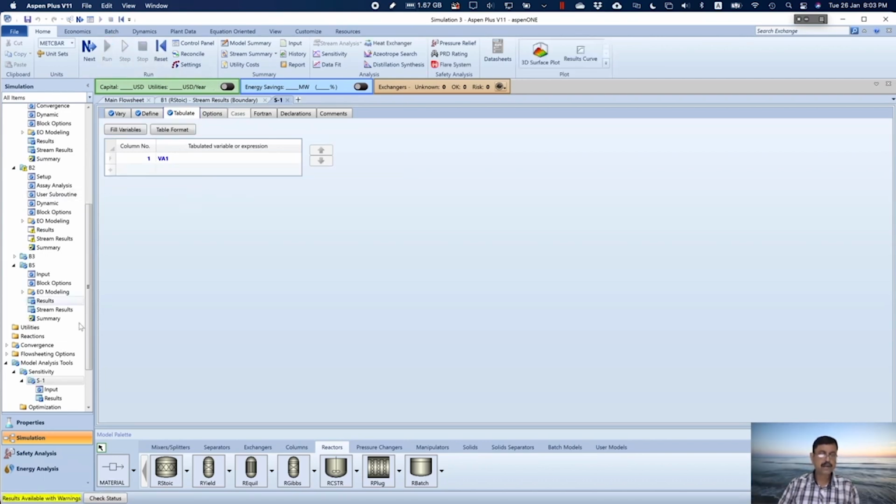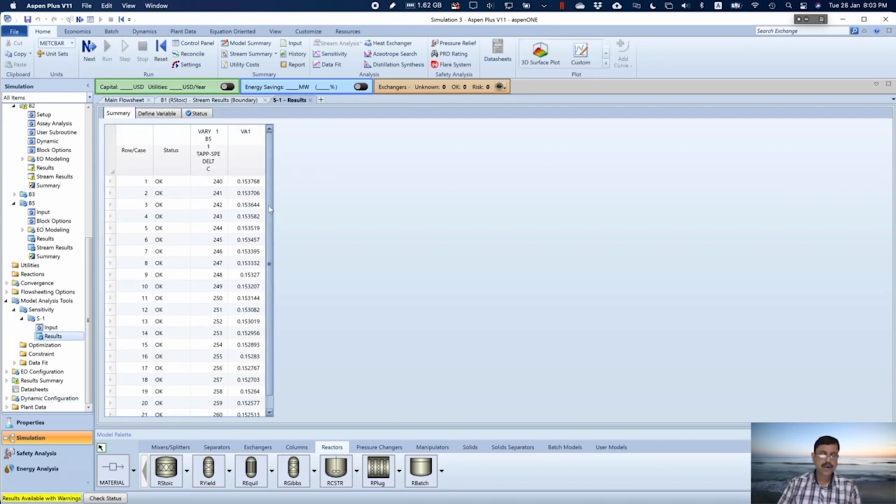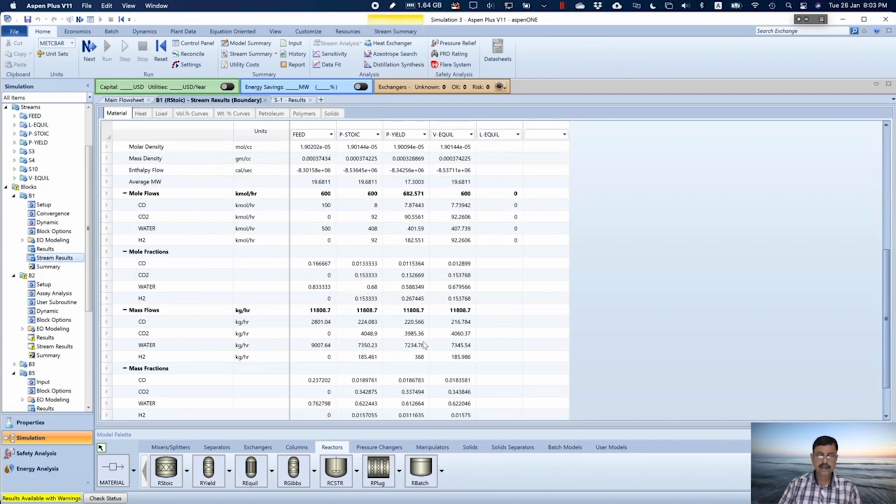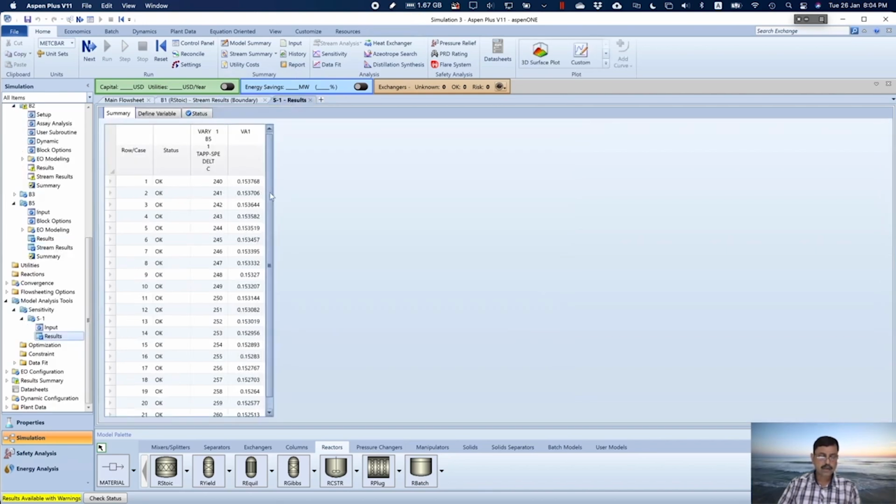Just go to results. So you can see at 240 approach temperature the mole fraction is 0.153768, and at 260 it is 0.152513.